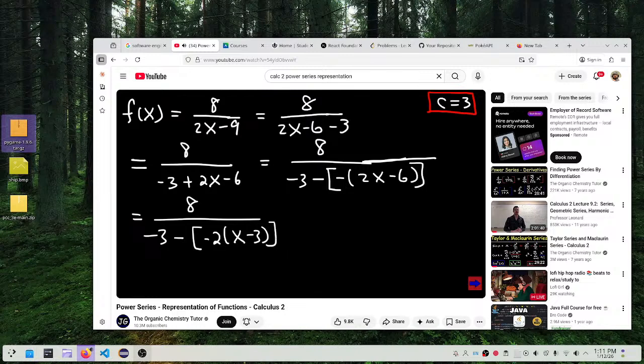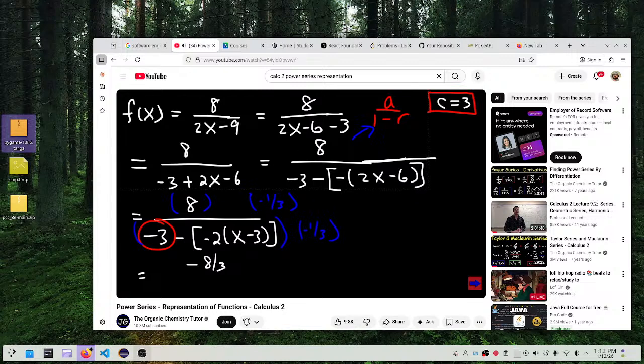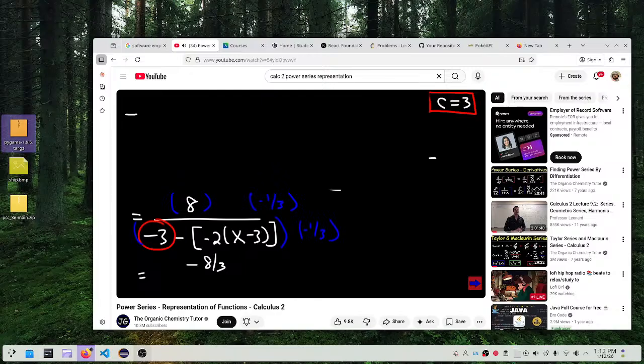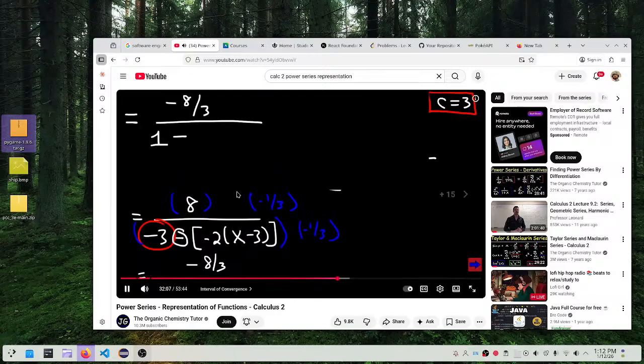Now the next thing I need to do is change this number. To put it in a over 1 minus r form, I need this to be a 1. So I've got to multiply the top and the bottom by what number? I need to multiply the top and bottom by negative 1/3. And so this is going to be negative 8 over 3. Since I'm running out of space, I'm just going to put this at the top, and then not change x minus 3.